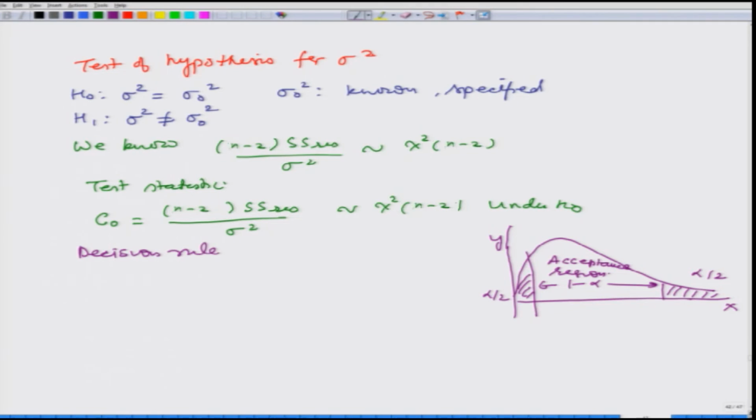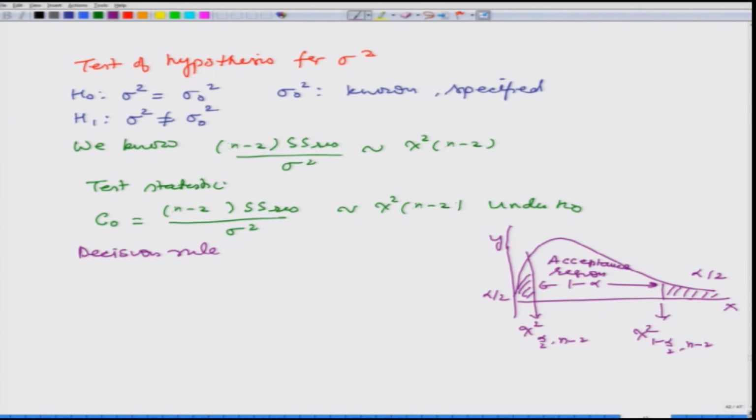Right. And the critical values which are obtained from the tables of chi-square probability will be like this: chi-square at alpha by 2 level with n minus 2 degrees of freedom, and this value is chi-square with 1 minus alpha by 2, n minus 2 degrees of freedom.